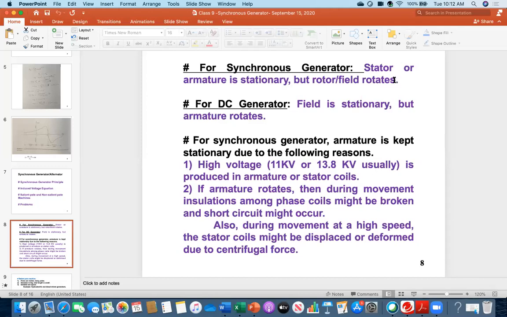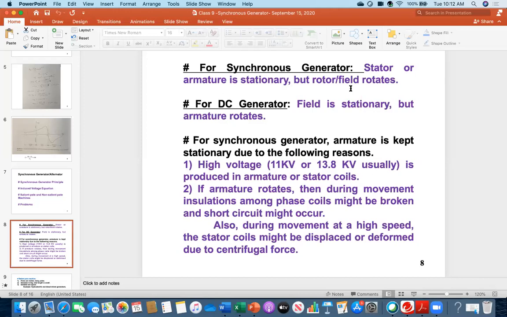Similarly, here it also has a stator and rotor, but the main difference is that in the case of the induction machine, there were no physical magnetic poles. I believe everybody understood. In the case of the induction machine, there were no physical poles. We needed to create poles with the application of the voltage.